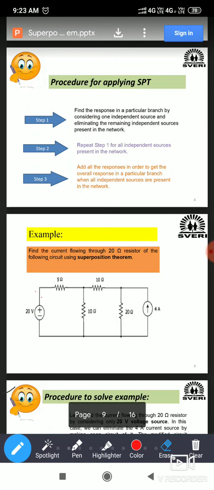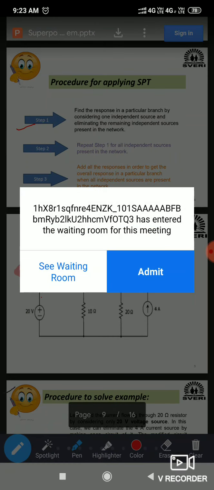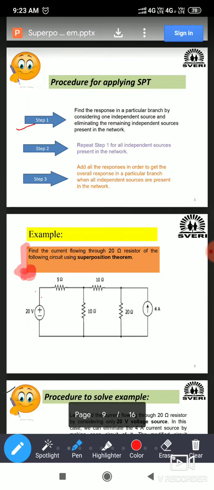First of all, step one: find the response in a particular branch by considering one independent source and eliminating the remaining independent sources present in the network. Before starting step one, observation is very important. What do we mean by observation?